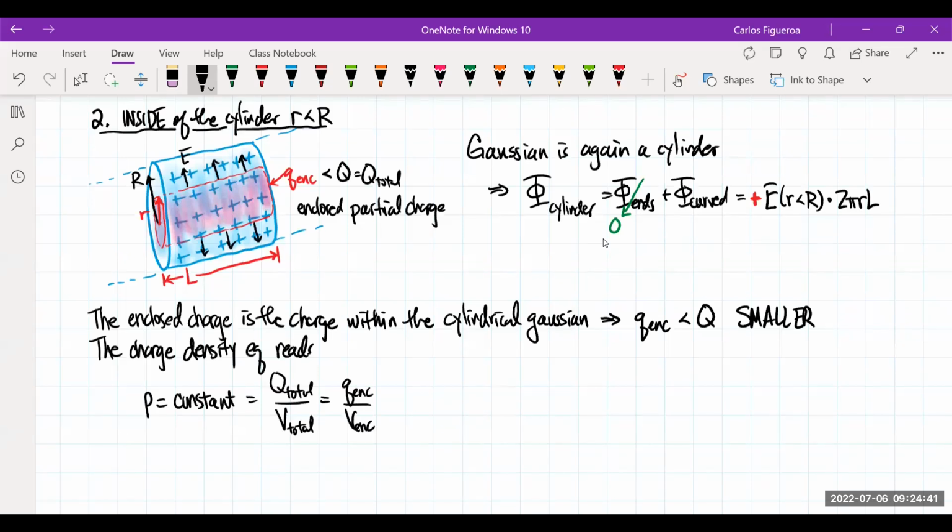Since it's a uniform charge distribution, it always has to look like this here. So now we're going to solve for Q enclosed. If I do that, I then see that Q enclosed is going to be the ratio of the enclosed volume over the total volume of the cylinder times the total charge.